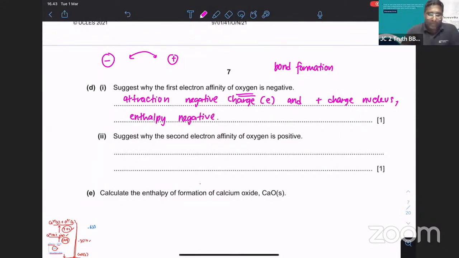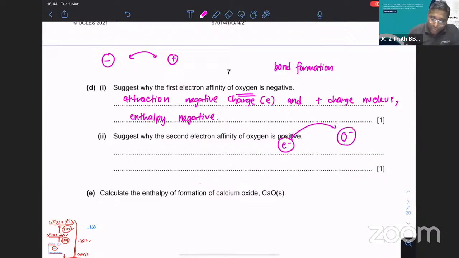Now suggest why the second electron affinity of oxygen is positive. When you add the electron to the oxygen, you are going to get O minus. And if you bring in another electron, which is a negative charge, this is negative charge and this is negative charge.